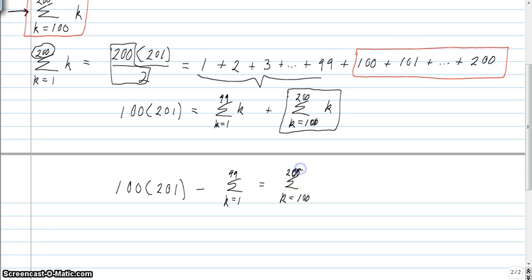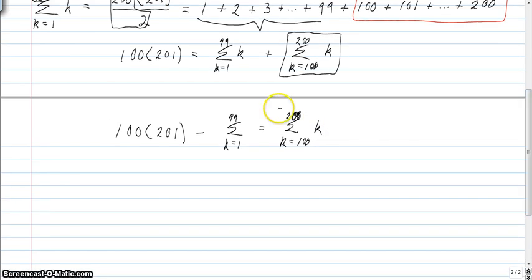Okay, so now I've got this solved for, and this should be the sum as k goes from 1 to 99 of k.